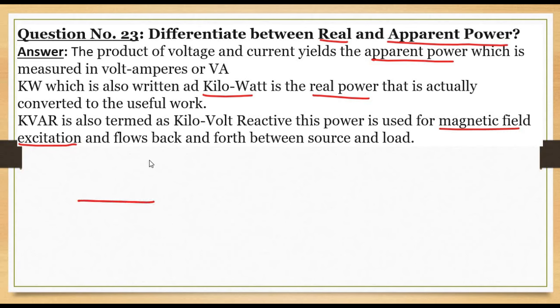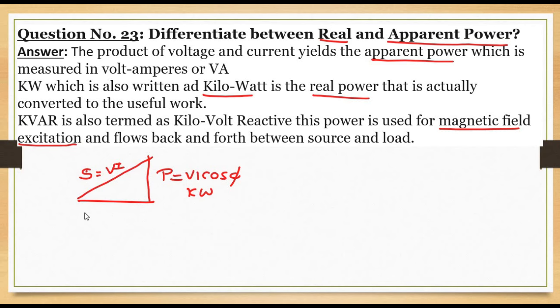Let us see the power triangle. In the power triangle, this side is apparent power denoted by S, given as V into I. This side is real power or active power, denoted by P, and its formula is VI cos phi and its unit is kilowatt.